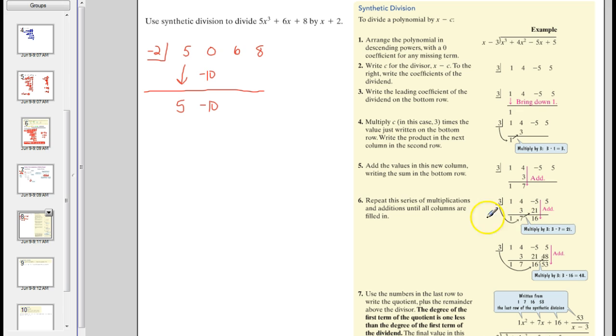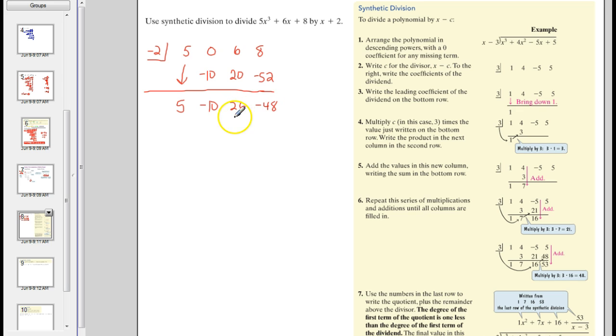In that problem it was 3 times 7, which was 21. Here it's -2 times -10, which is positive 20. Add here, I get 26. And then finally multiply the last ones here. -2 times positive 26 is -52. And then this would be my remainder. 8 plus -52 is -48.